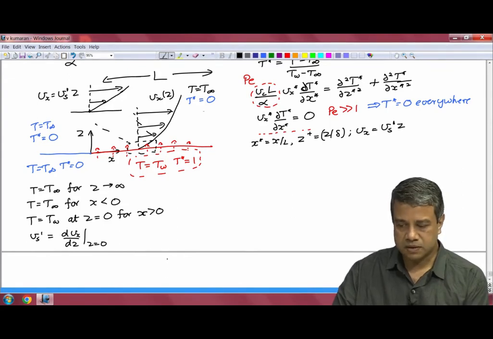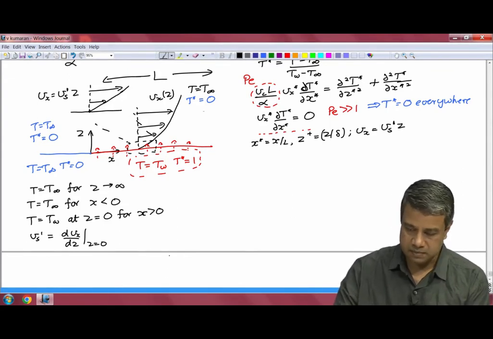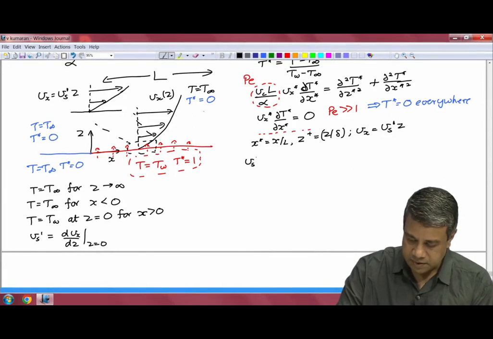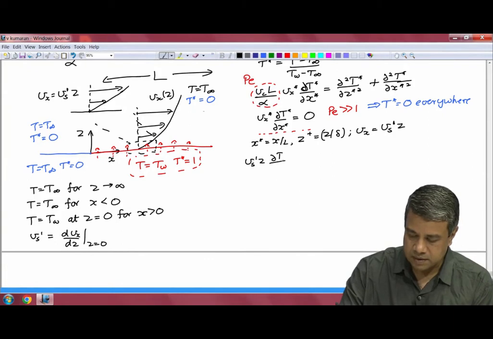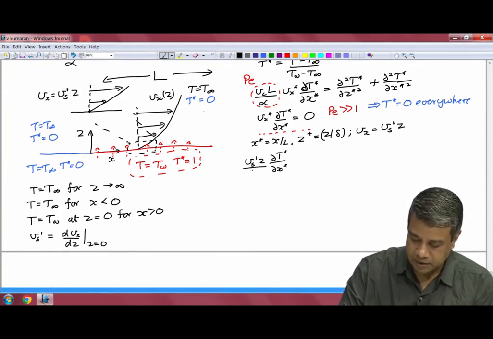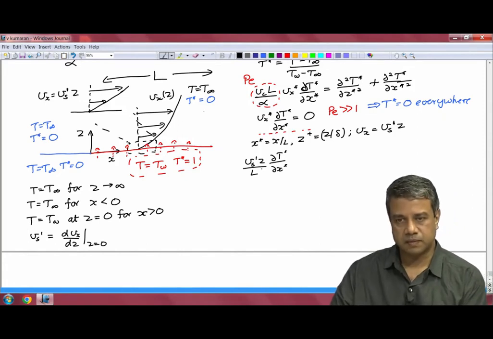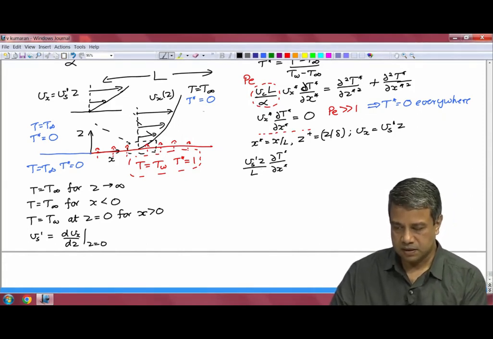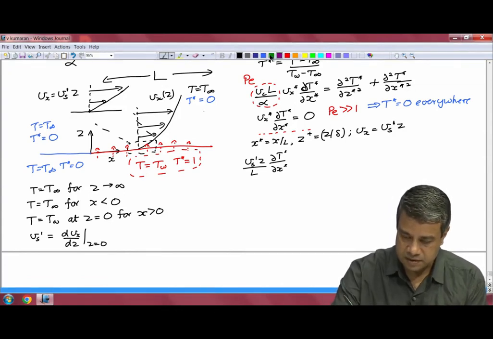With this substitution, the equation becomes Vs prime z, partial t by partial x star, by L into partial t by partial x star. Z can be substituted in terms of z plus.